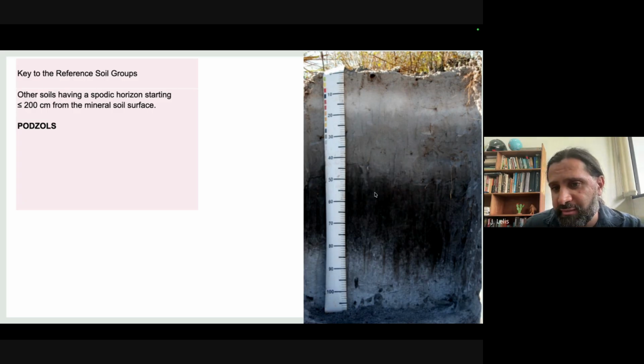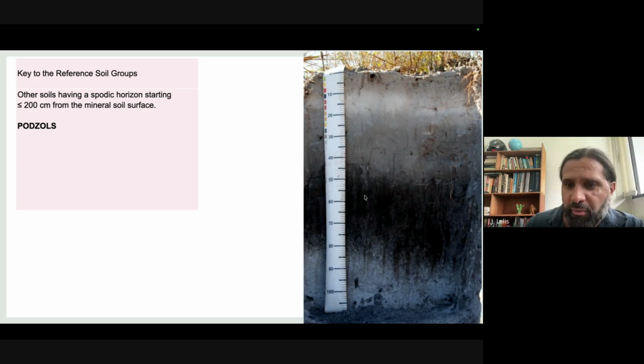So you can easily see here and even here with a less dark color, both horizons here starting at 20 and ending at 45 centimeters, and this horizon starting at 45 and ending close to 80 centimeters. Both are spodic horizons.